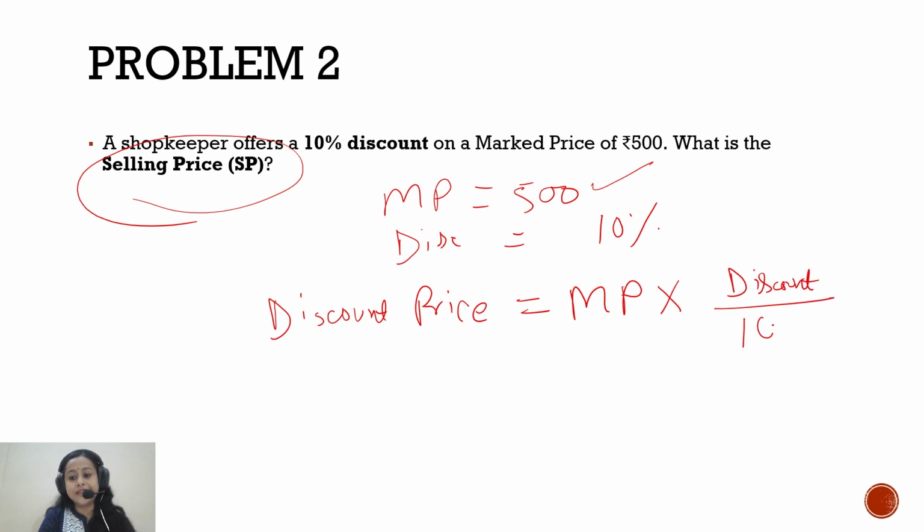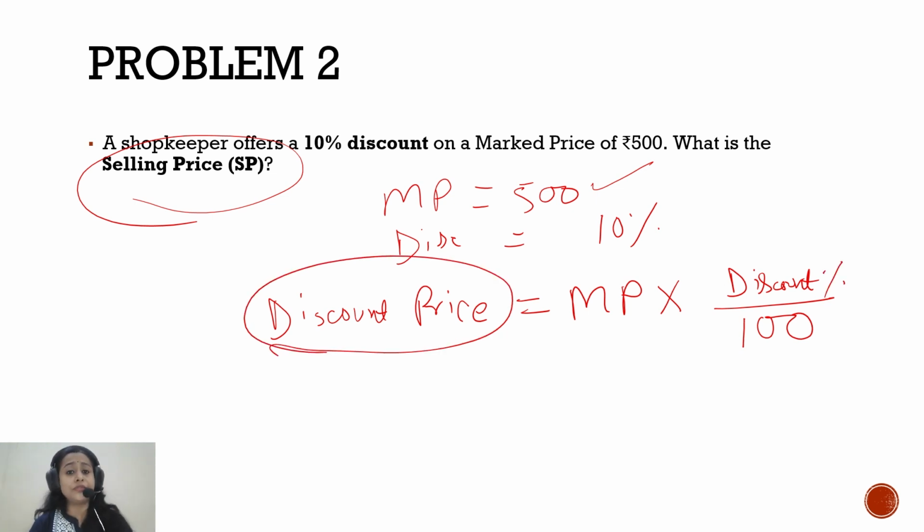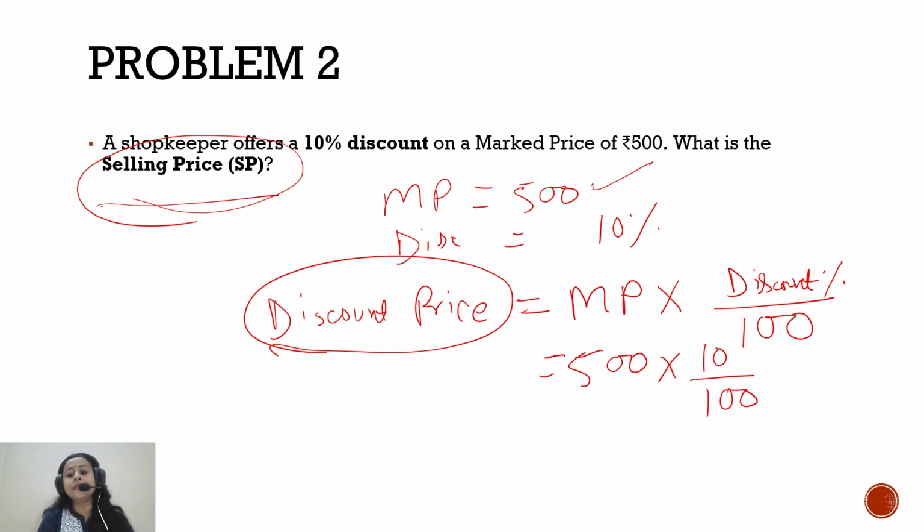First we have to find the discounted price, then only we will be able to calculate the selling price. So, here marked price is 500, discount percent is 10, 10 by 100, right? So, 0 will cancel out, and how much discount is given? It's 50. Okay, so discounted price is 50.